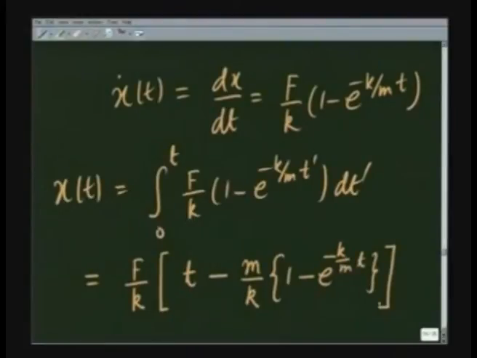So this is going to be the distance traveled by the particle. Now that we have gotten the expression for the distance traveled, let us play around with it a bit and see if it goes to correct limits.